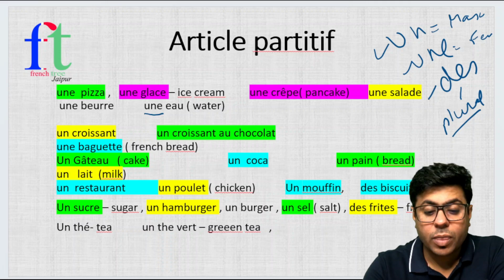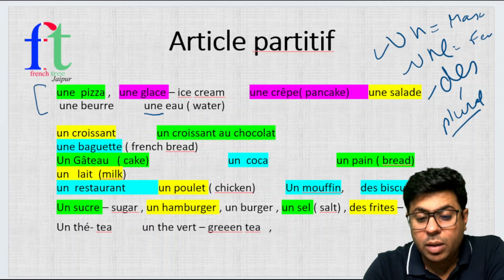So we wrote these items of eating and drinking. They are feminine, so all have the indefinite article une. Then comes the next one.